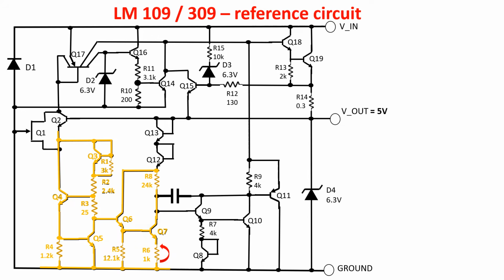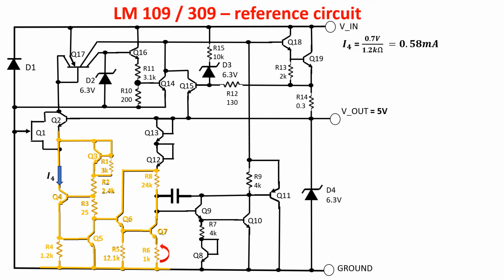We said the Widlar used two base emitter junctions at high current density, VBE4 and VBE5, and other two base emitter junctions at low current density, VBE6 and VBE7. So, let's see the currents. I4 is equal to 0.7 volts divided by R4, so 1.2 kilo ohms, equals 0.58 milliamps.